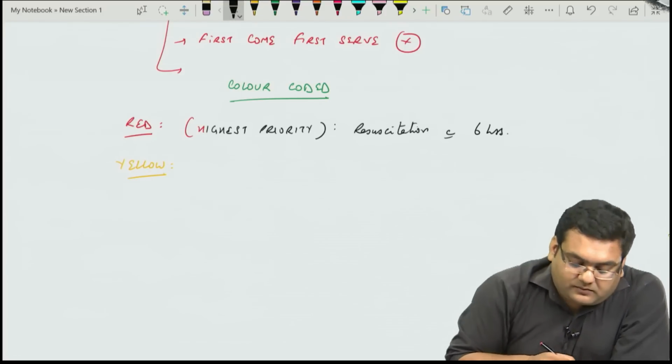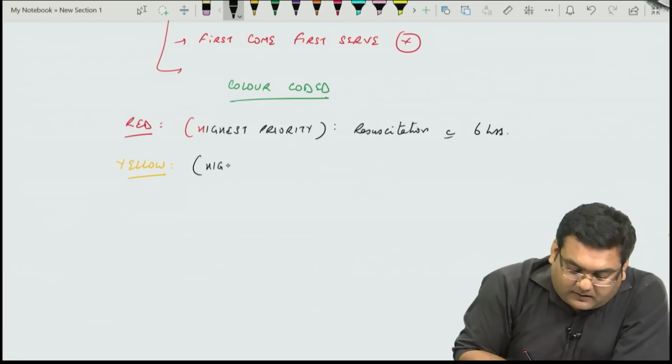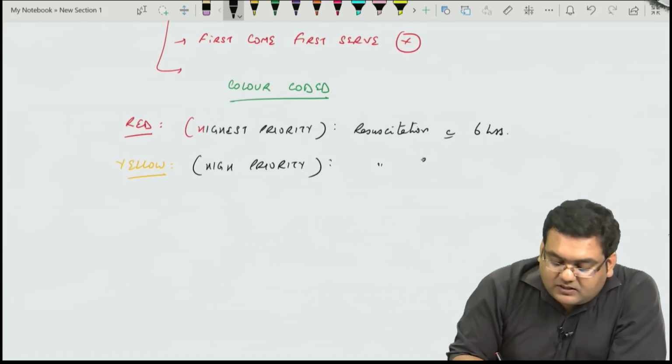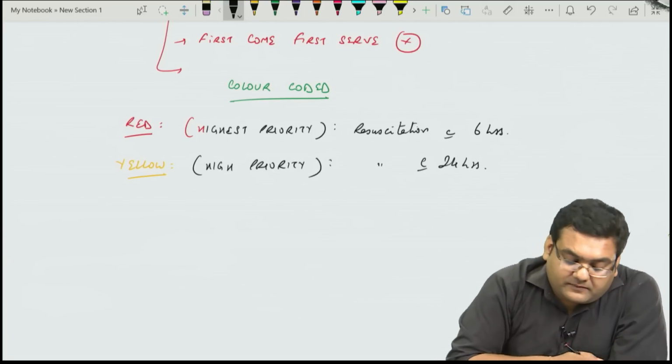Second is yellow. High priority. Resuscitation should be initiated within 24 hours.